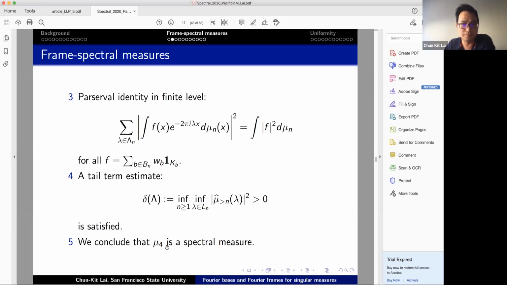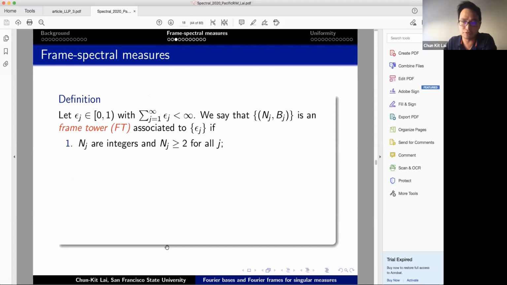In order to produce a frame, instead of using a Hadamard matrix, which is mutually orthogonal every time, we need to change to a so-called frame tower. Now I'm using different scales. Nj will be the contraction ratio, and Bj will be some integers. Each Nj, the contraction ratio, is at least 2.